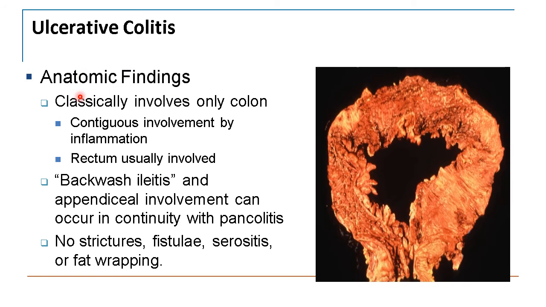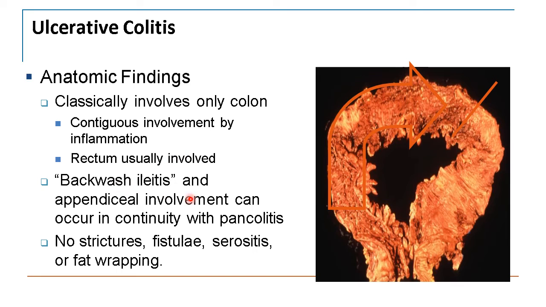Anatomically, ulcerative colitis classically involves only the colon, and there is contiguous involvement without skip lesions, continuous involvement by the inflammation. The rectum is usually involved, while only a few cases of Crohn's disease involve the rectum.